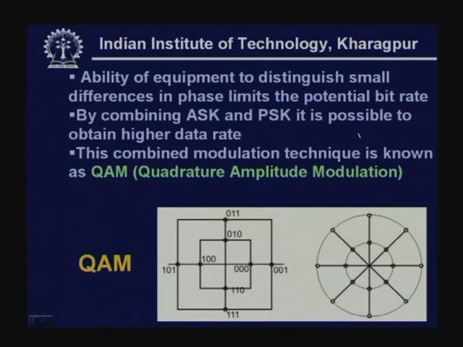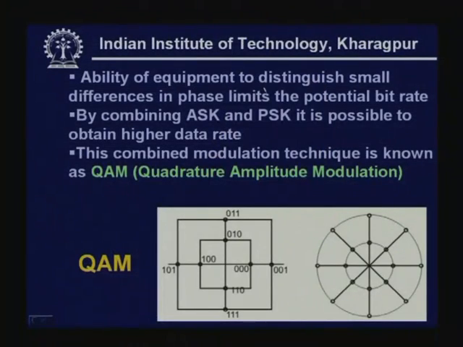However, there is some limitation at the receiving end, and the limitation comes because of the ability of the equipment to distinguish small differences of phase, and as a consequence the potential bit rate is limited. That means the ability of the equipment to distinguish small phase shifts leads to a restriction on the maximum bit rate that can be transmitted over the medium.